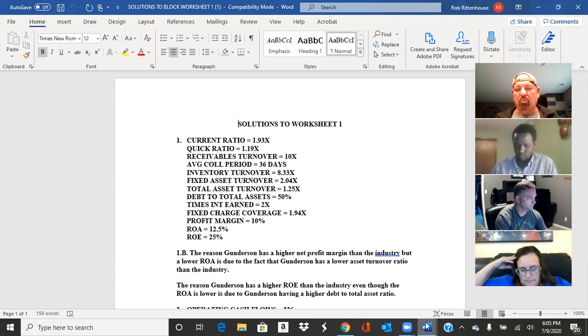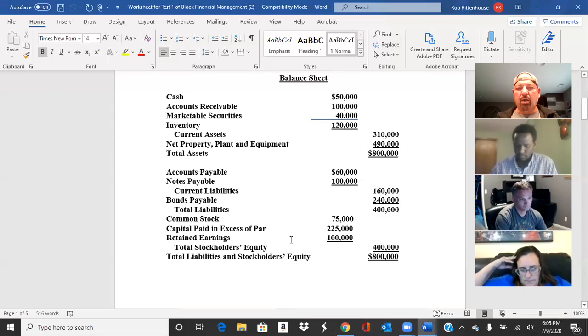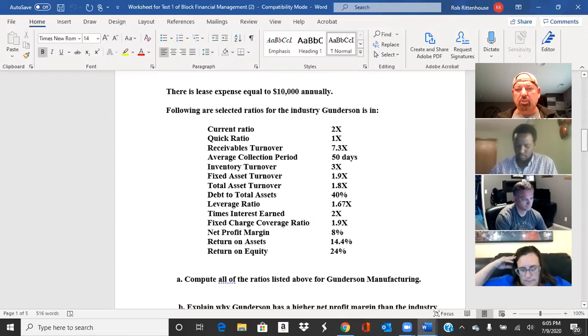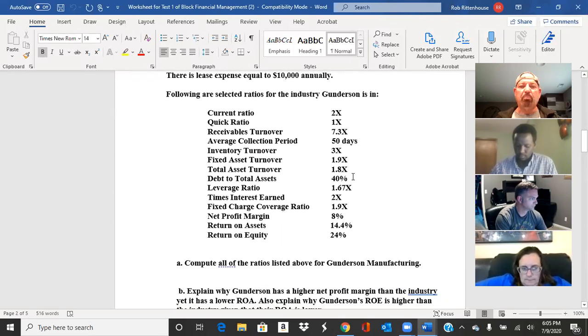Now, we compare that with the industry. Their debt to total asset ratio was 40%. So we are more leveraged than the industry. The industry finances 40% of their assets with debt. We finance 50% of our assets.